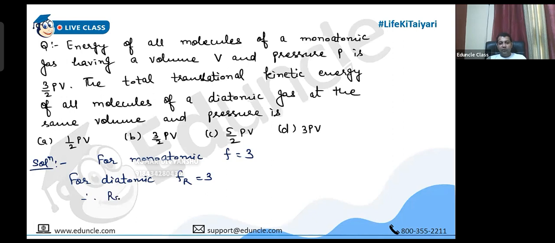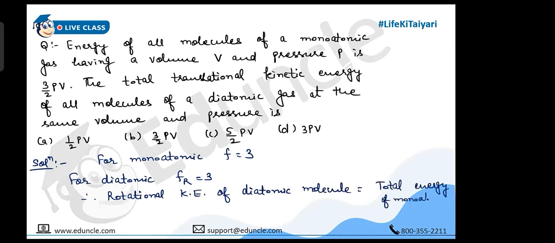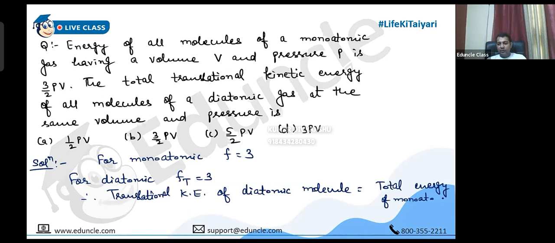So the translational kinetic energy of a diatomic molecule equals the total energy of a monatomic atom, because it is not a molecule. So it will be the same, 3 by 2 PV.